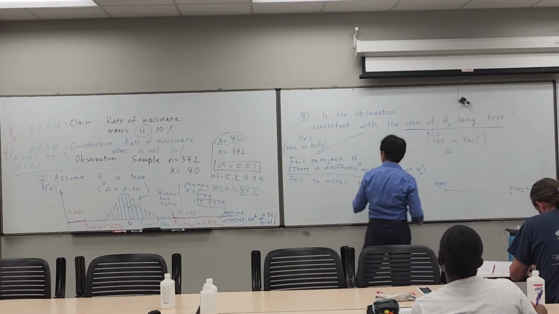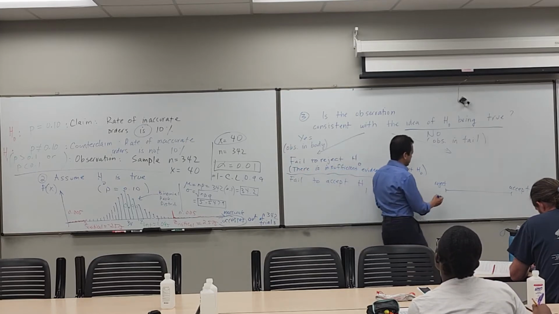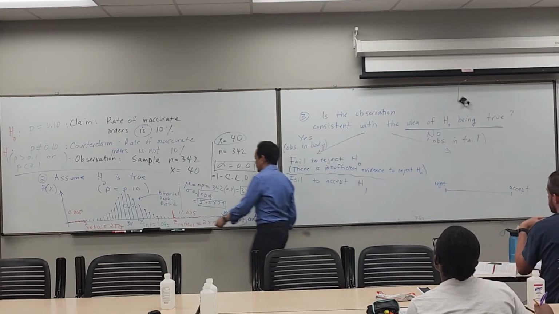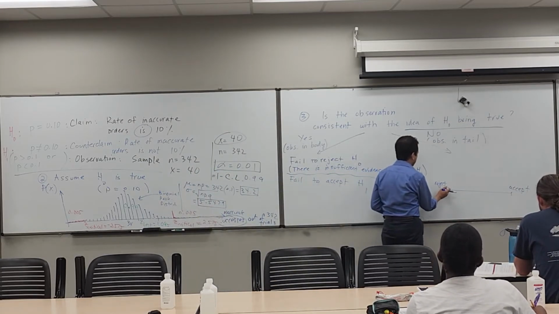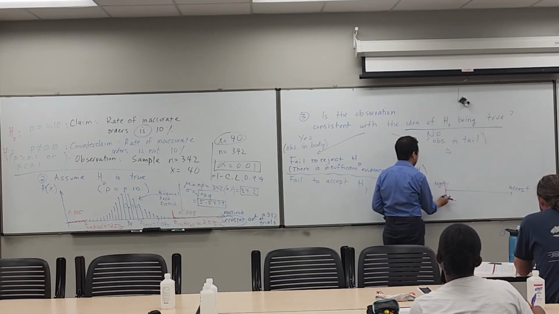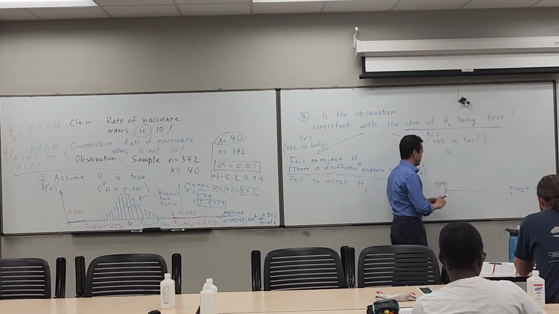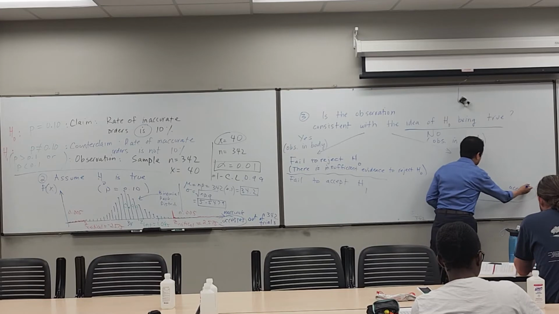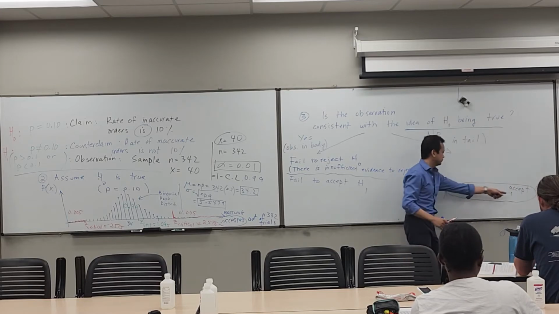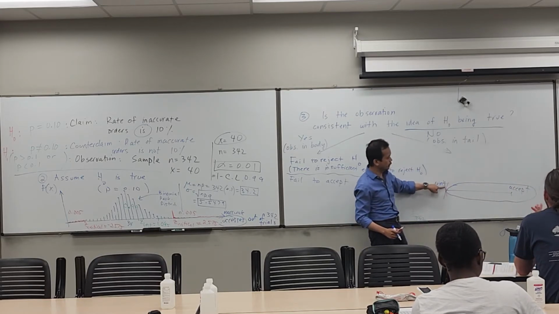So when you say fail to reject, it just means that you're ruling out this one case, but everything else is possible where you could take any position along the spectrum. All you're doing is ruling out this one position.